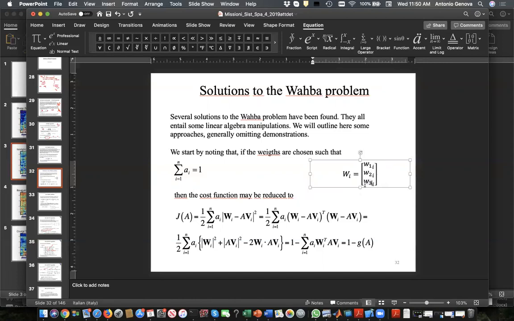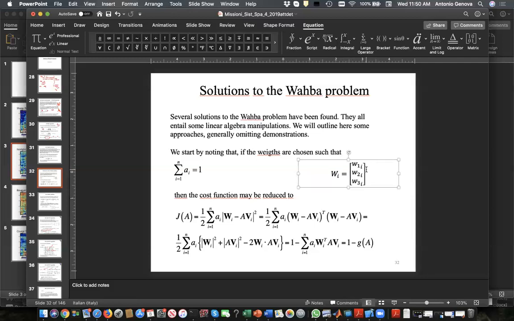Okay, so if you do the transpose of this vector, it is a row vector. Basically, if you do this one minus the attitude matrix times vi, you will have a row vector times this column vector. When you do that, you have three main components.